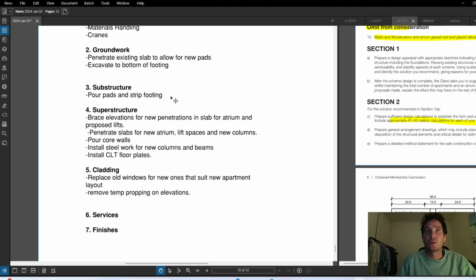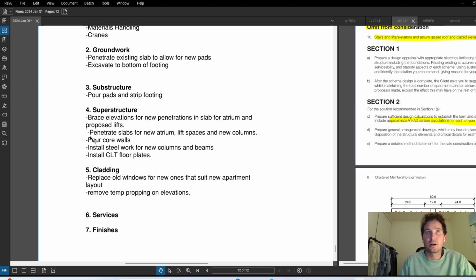I would talk about bracing the elevations for the new penetrations in the slab for the atrium and proposed lifts. Again, it did mention something about omitting that, but anyway, I've got that there. Then essentially penetrating the slab for that new atrium and the lifts, and gonna have to penetrate the existing slabs for the new columns that I'm going to be putting in.